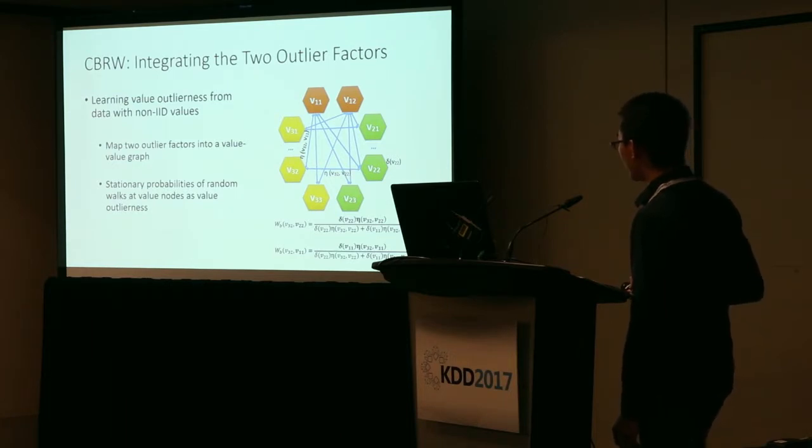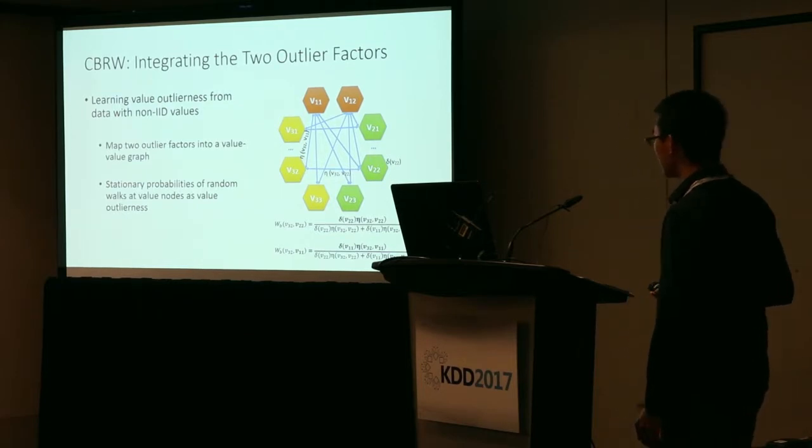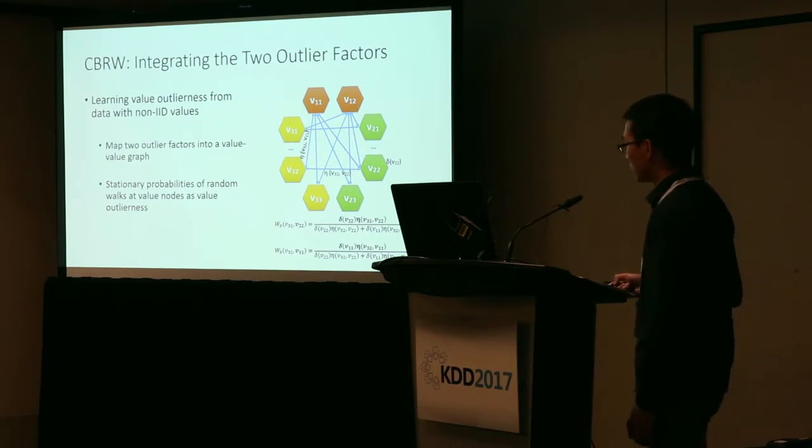When we calculate the transition probability from, for example, V32 to V22, we will have this kind of formulation here. You can see this formulation takes into account both the intra-feature outlier factors as well as the inter-feature outlier factors.